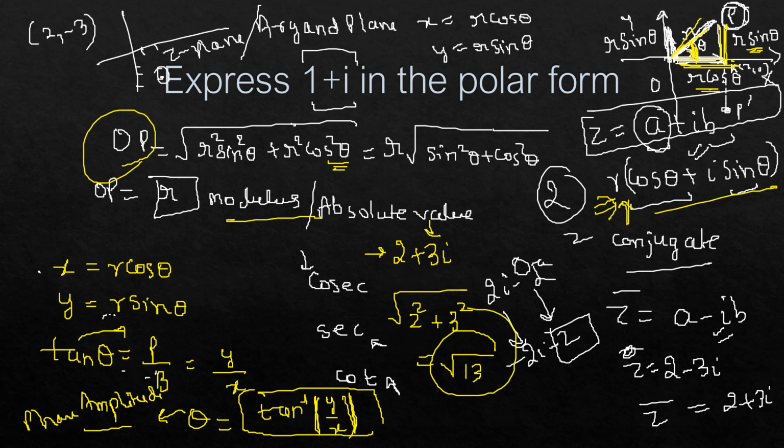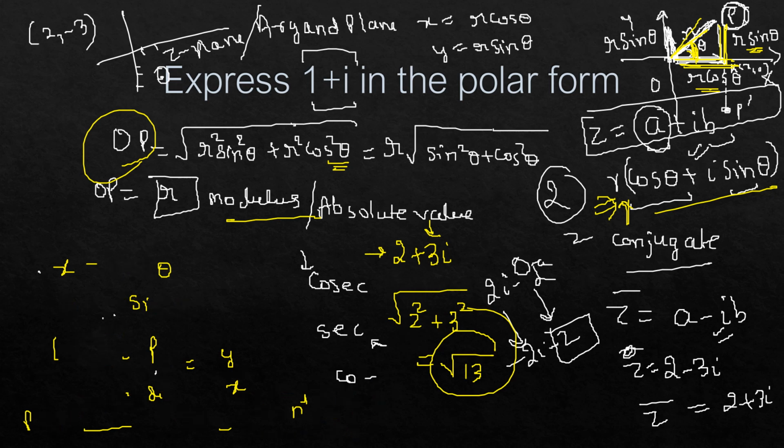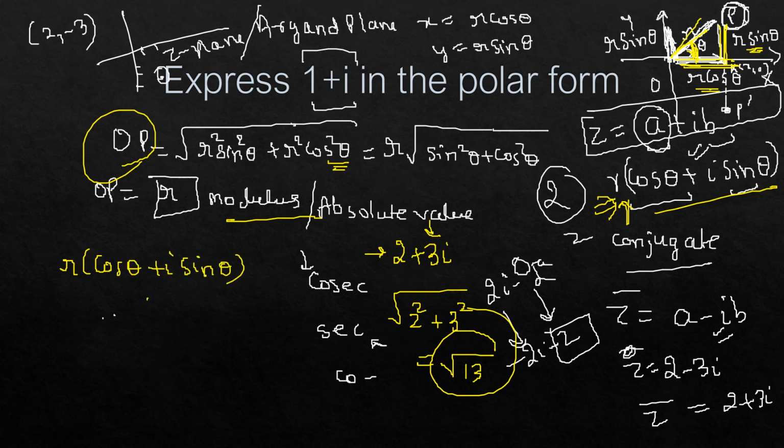Now one more thing I would like to tell you before going ahead with the question written here: if you have to write the polar form in terms of r and theta, then how can you write it? See, this is your polar form, correct? R into cos theta plus iota sine theta.